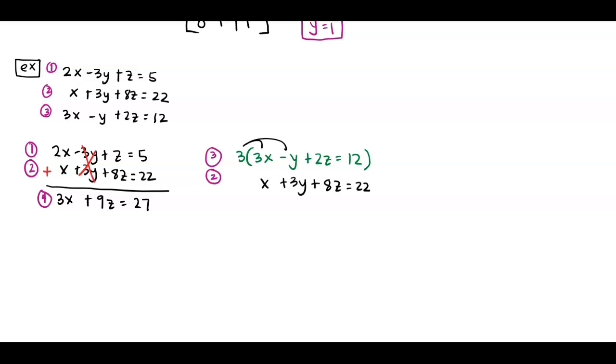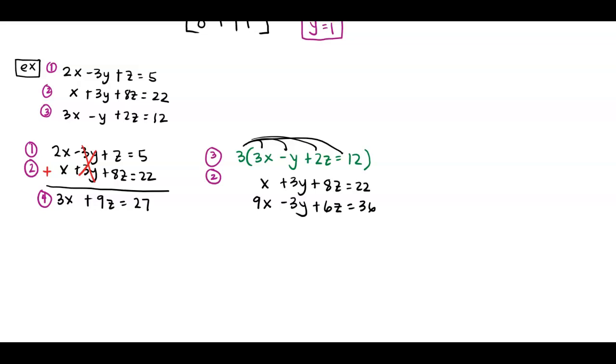I still haven't distributed that 3 through yet, but some of you already do that when you write it down, and that's just fine with me. I'm going to write it down underneath here. So that will give me 9x minus 3y plus 6z equals 36.